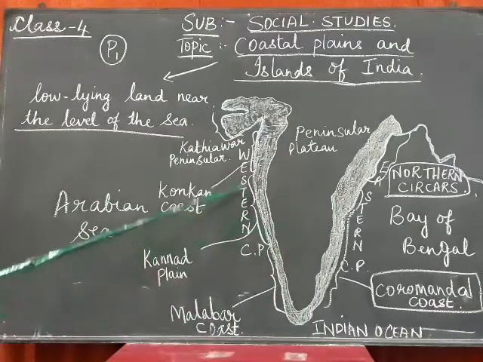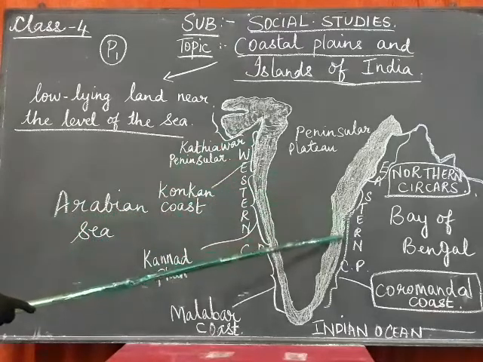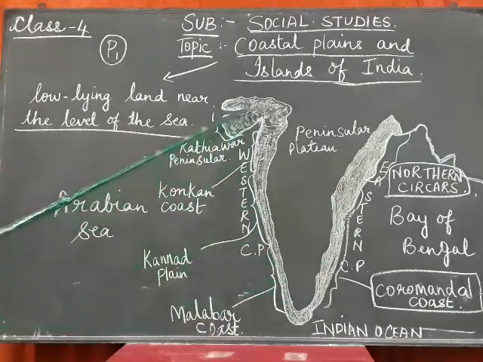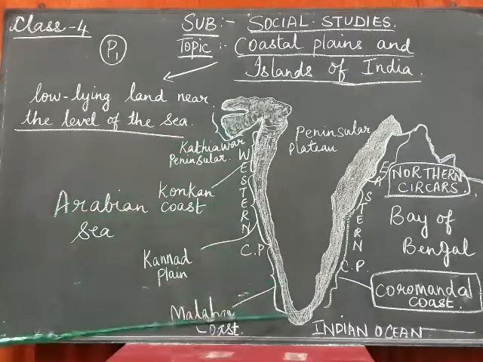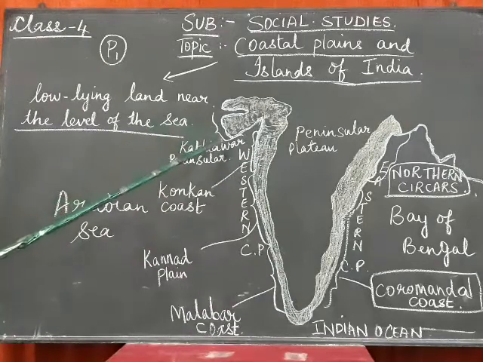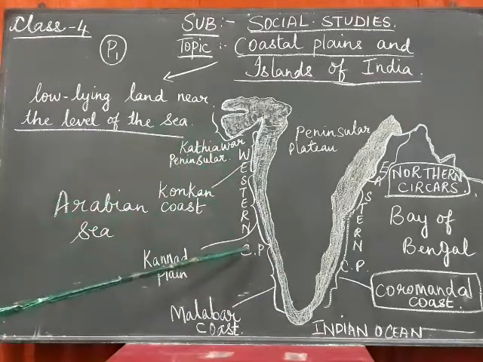Now the plains which are lying close to the water bodies, this area which I have colored in green, these are the coastal plains. So, low-lying land near the level of the sea is known as what? Coastal plains.